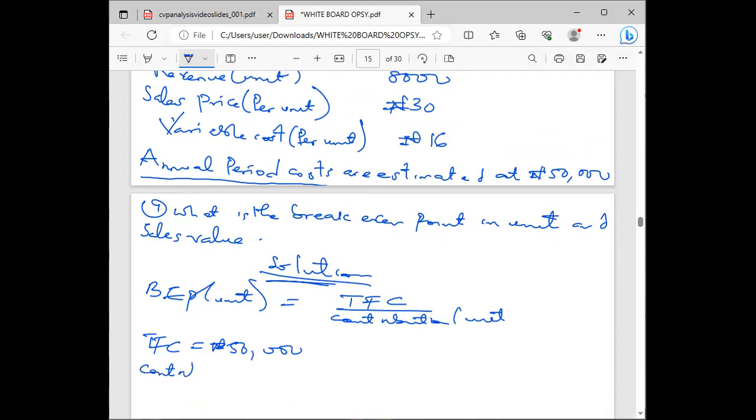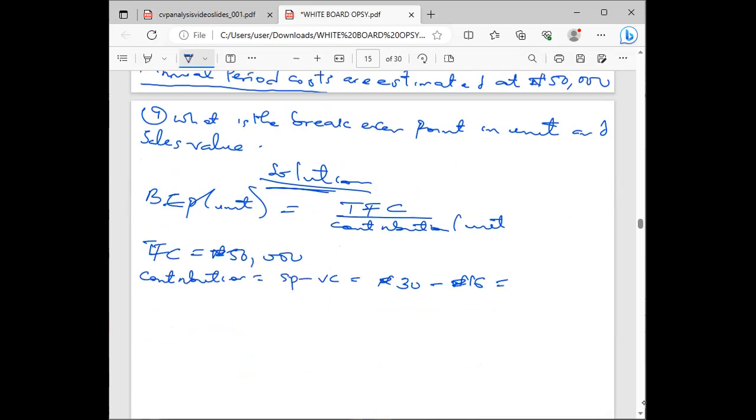Contribution is not given, but we know it is selling price minus variable cost, which is equal to what? Our sales price per unit of 30 minus our variable cost of 16. That gives us what? 14. Am I right?